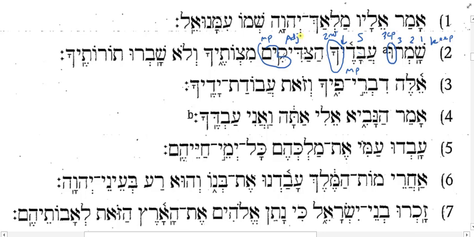This adjective is what? It's attributive. So it's telling me what kind of your servants, right? So it would be your righteous servants kept mitzvotecha. They kept your, that's the pronoun you, right? And his commandment, singular or plural here?